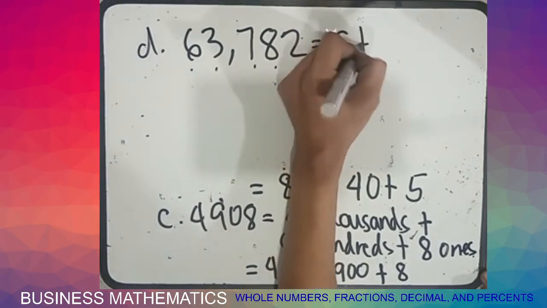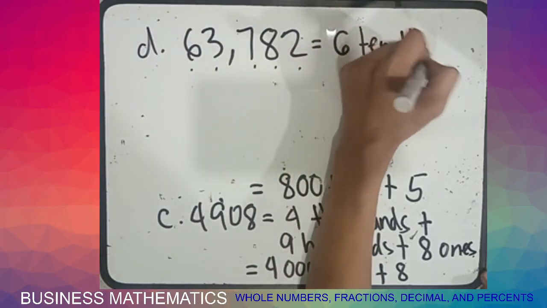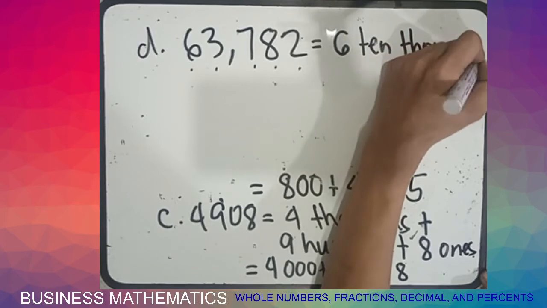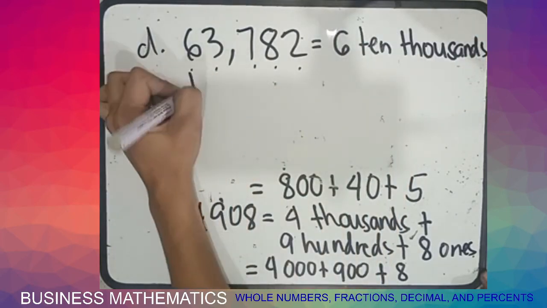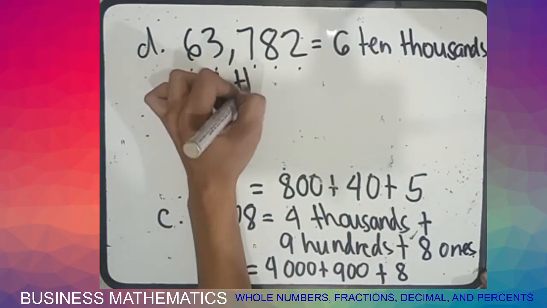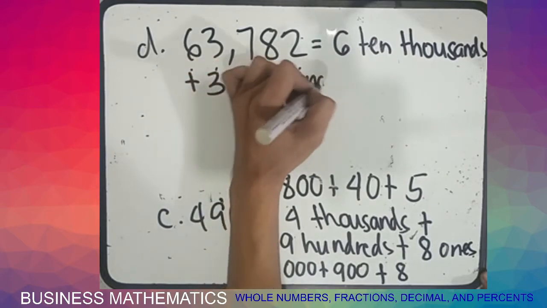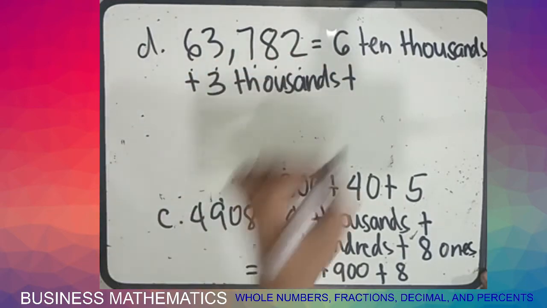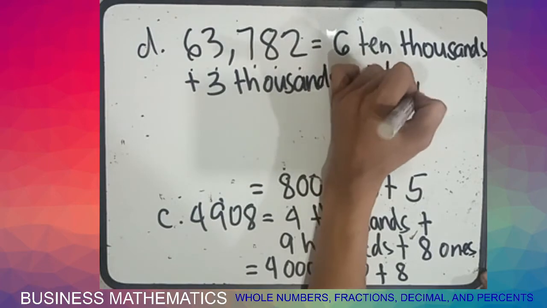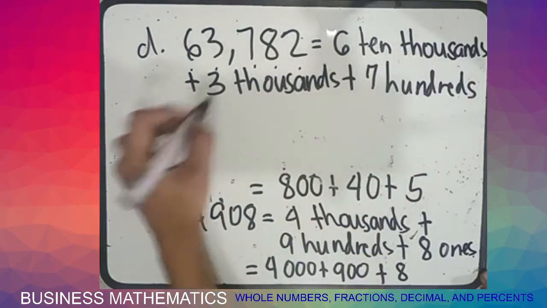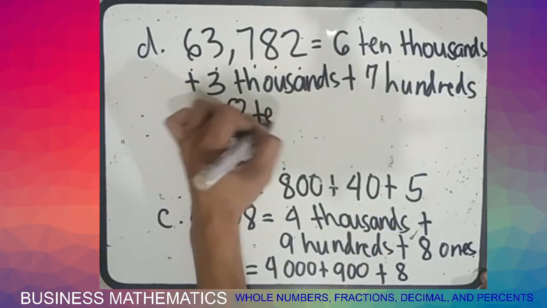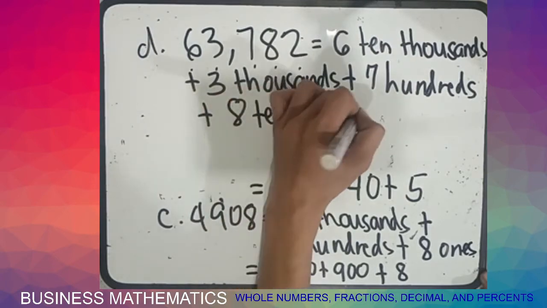So, 6 ten thousands plus 3 thousands plus 7 hundreds plus 8 tens plus 2 ones.